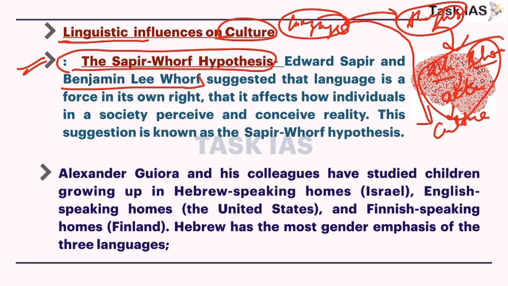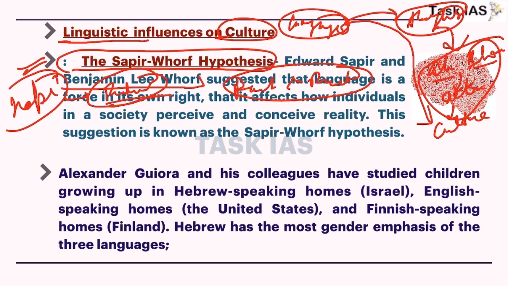One of them is the Hopi tribe, who don't have a term for future. That means any word which is a synonym of future is not present in their vocabulary. They are focused on past and present. So this linguistic aspect has led to change in their culture, because they are not thinking about what will happen in future. So they are not focusing on surplus.